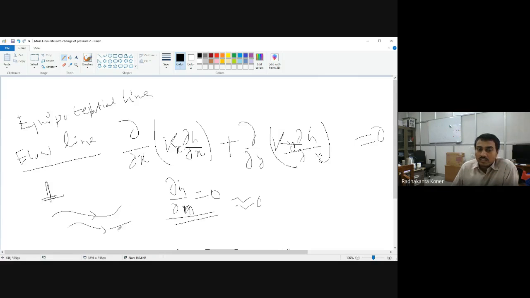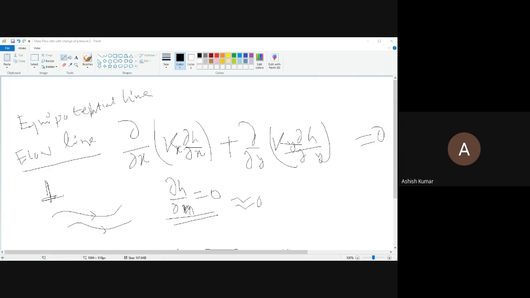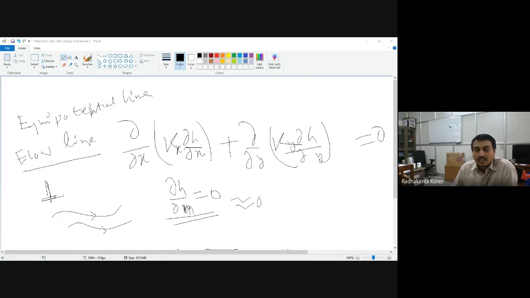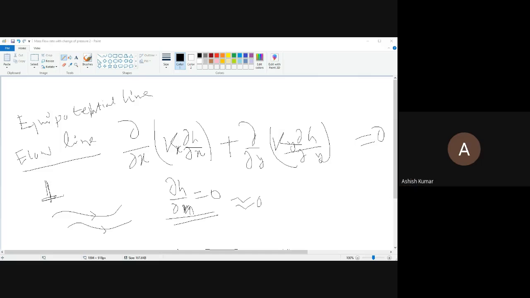So this is about the flow net, how to draw it, and using that, now let's take a problem. Student: Sir, I think this is perpendicular only in case of homogeneous and isotropic.